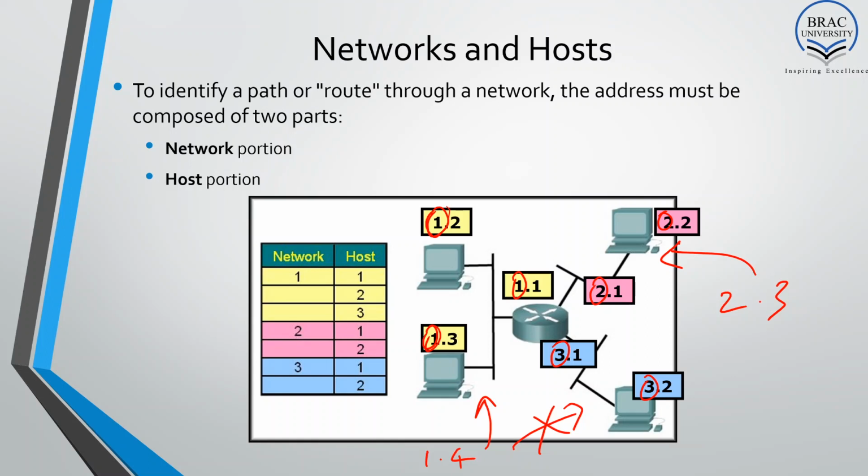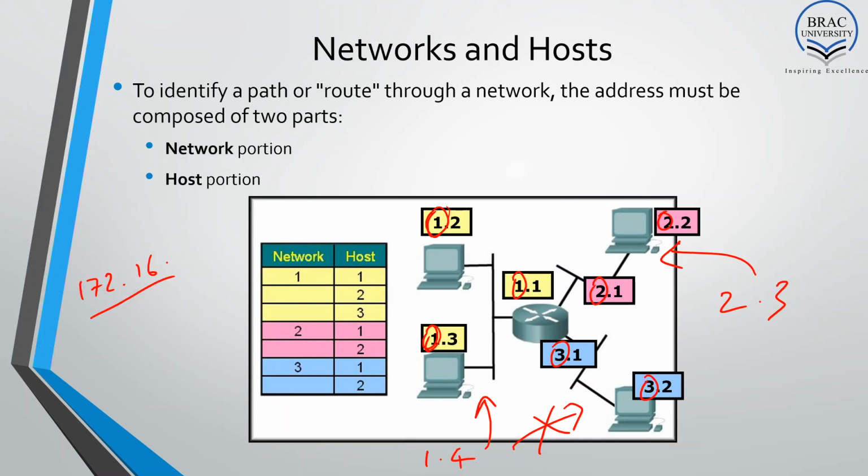So for BRAC, the network portion always has to match the network address of BRAC University. We're going to soon see how to identify these network addresses, so just sit tight. And the host part is the host, which actually identifies the PC. Say BRAC has a lot of computers. The network part, say 172.16, is the BRAC network address.